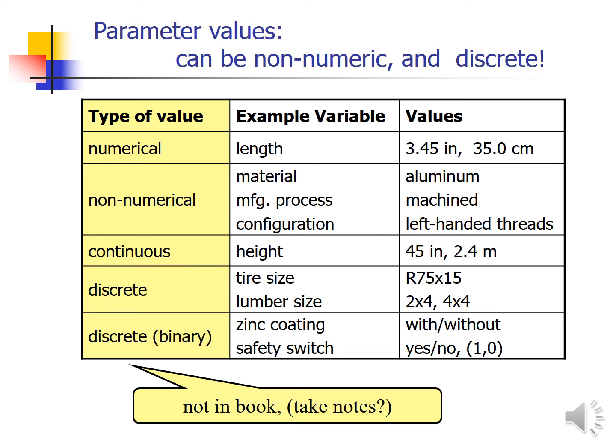Continuous is height, which can be in inch or meter. Discrete is tire size or lumber size, where you can list the standard. Discrete binary examples are zinc coating, or a safety switch with or without. This has two items for discrete. This is additional information for you: what we call numeric, non-numeric, continuous, and discrete.